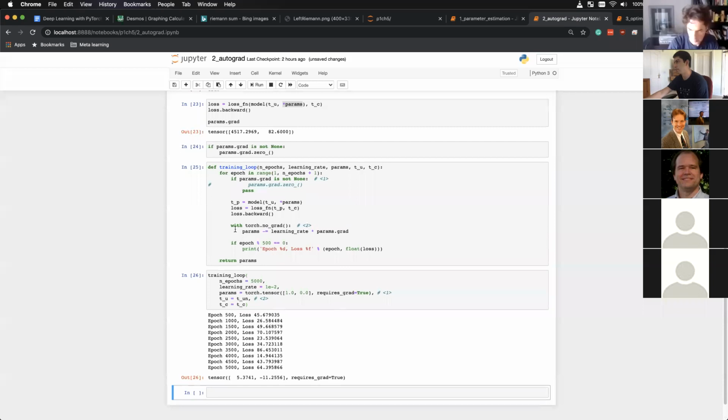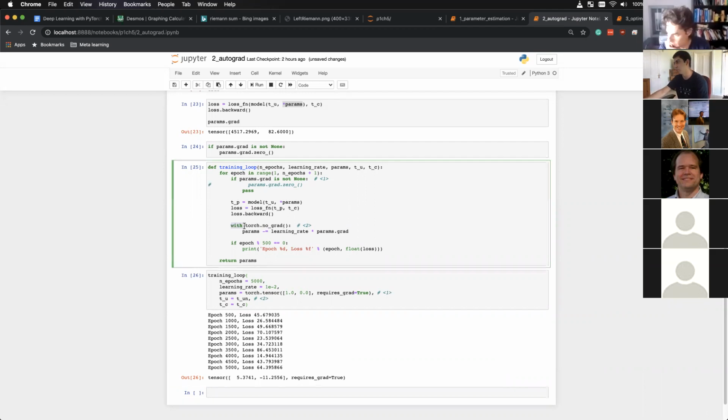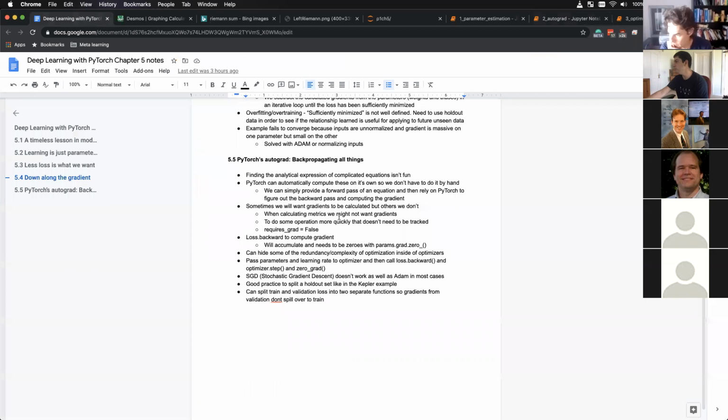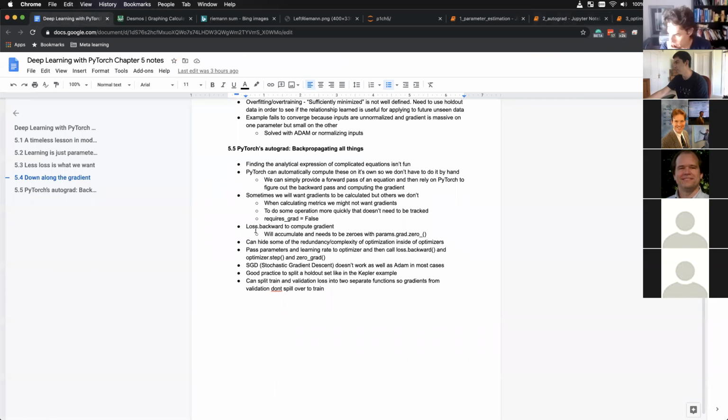If you have an extended section, you just say, I don't want gradients calculated for this entire series. You can do this with torch.no_grad, and then it will not calculate a gradient for any of these. So that's also an option. Then you call backward to get the gradient, and you have to zero it out like we just discussed.